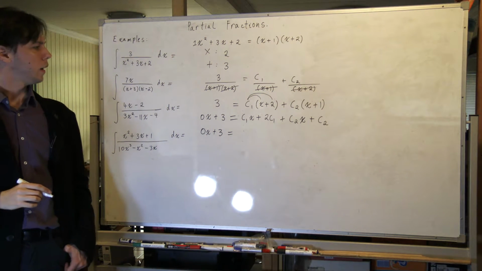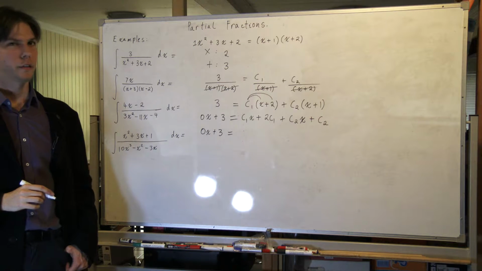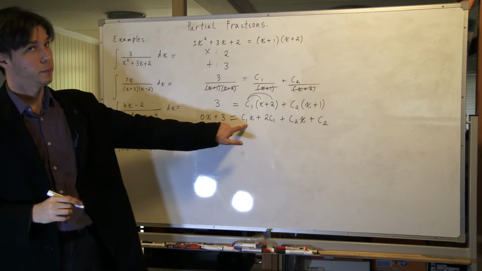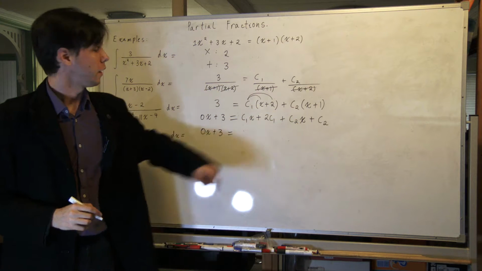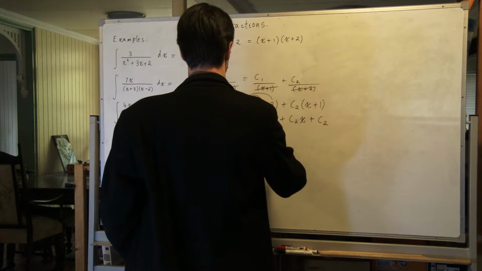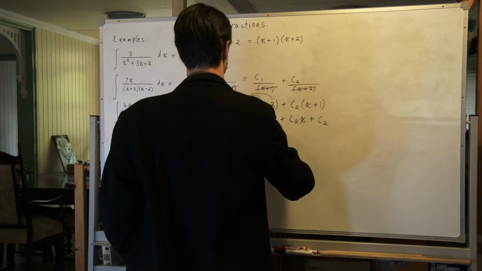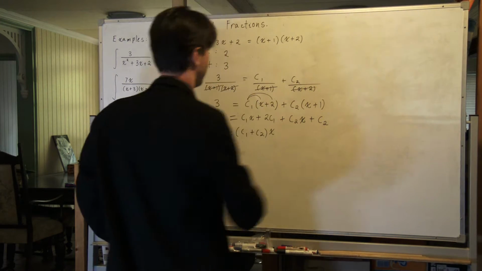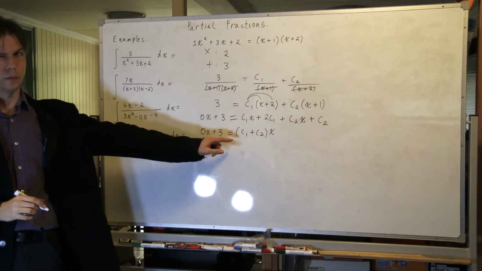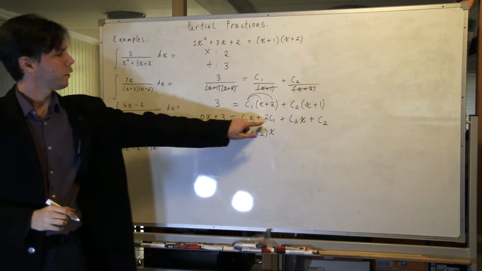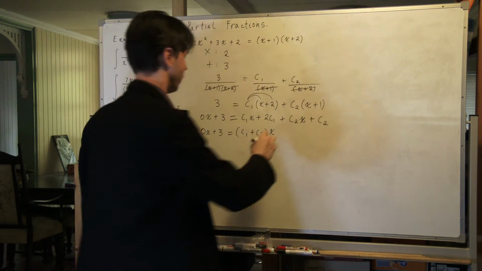And now I'm going to group my x terms together. So I have x times c1 plus x times c2. That's like saying c1 plus c2 times x, plus 2 times c1 plus c2.